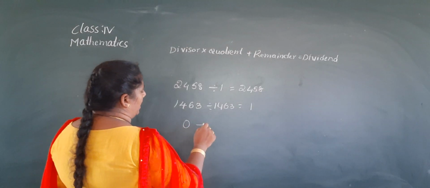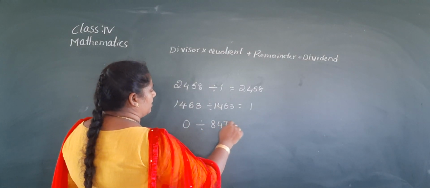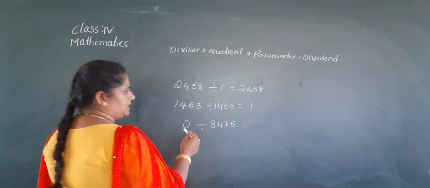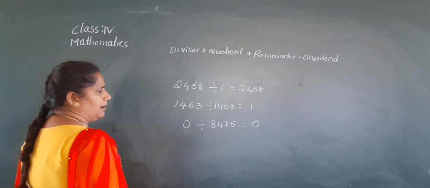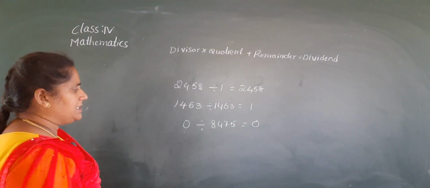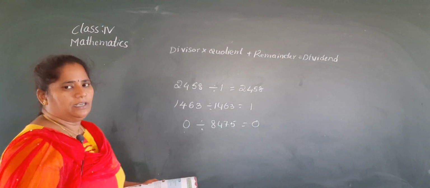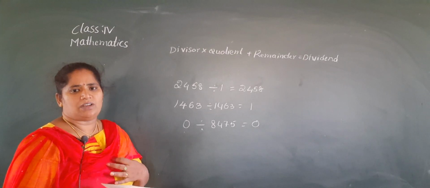If 0 is divided by any number, we get 0 only. And division by 0 is not possible.